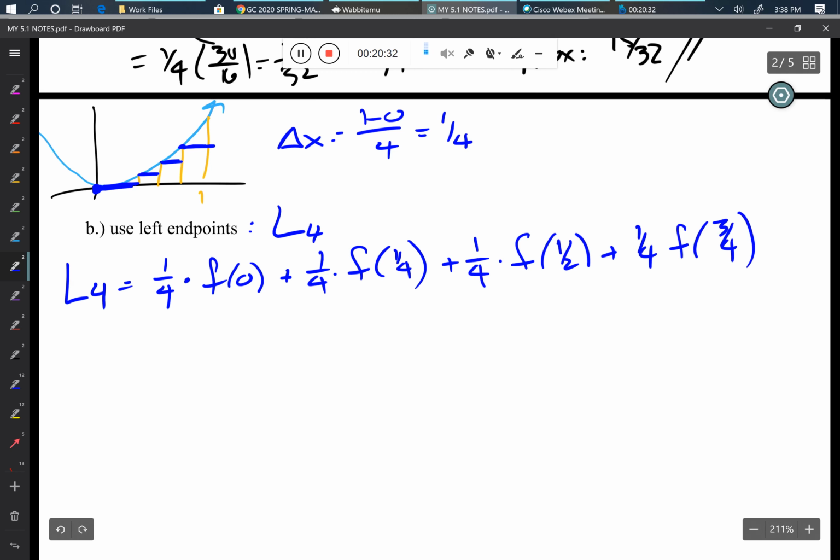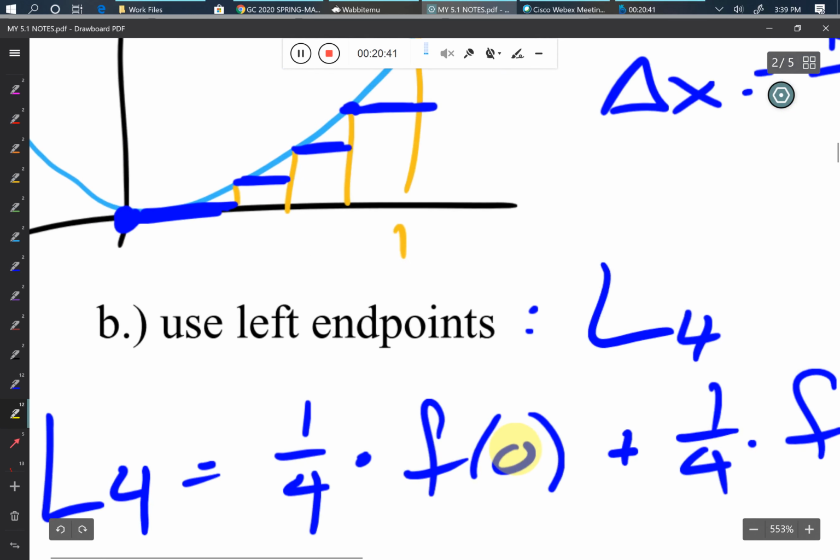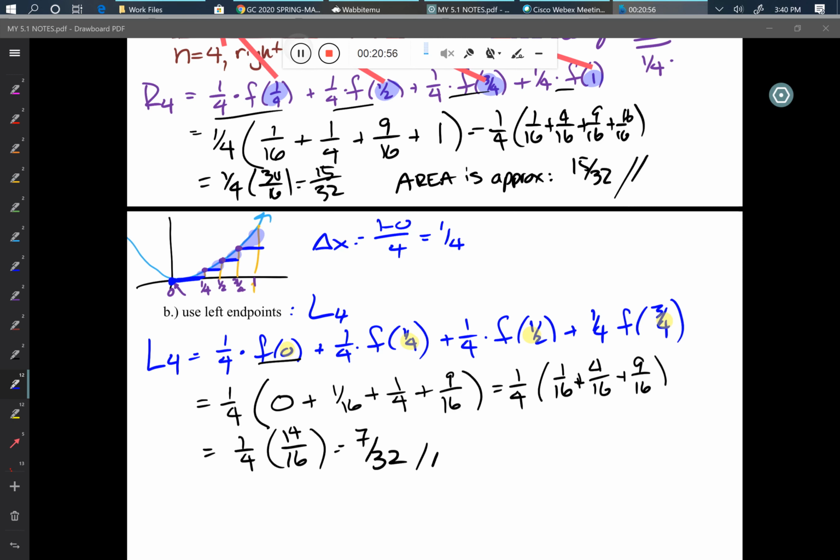Now, if you're wondering where the 0, the 1/4, the 1/2, and the 3/4 came from, go back to the drawing. This is 0. This is 1/4. This is 1/2. This is 3/4. And of course, that there is 1.